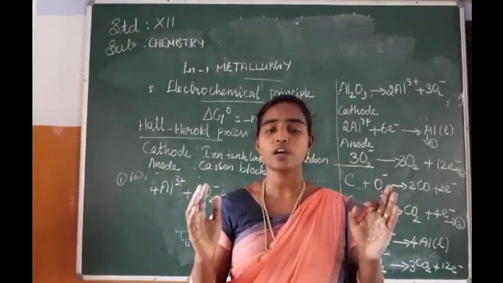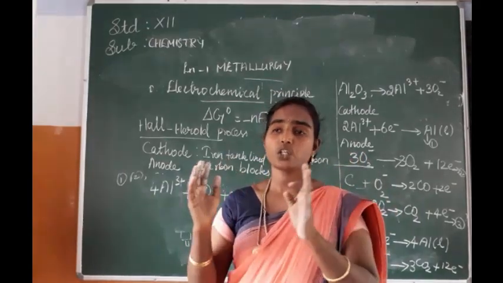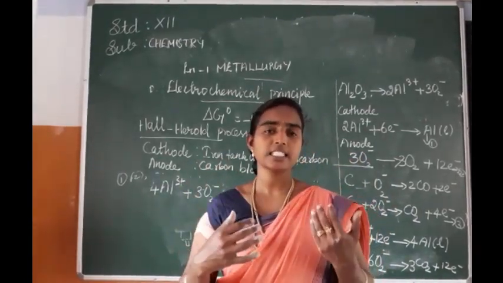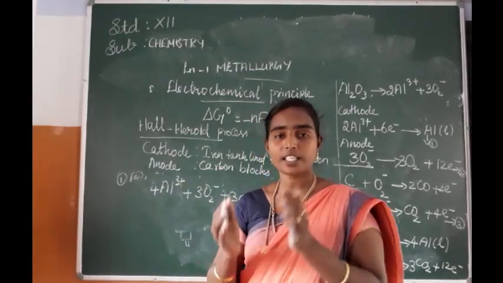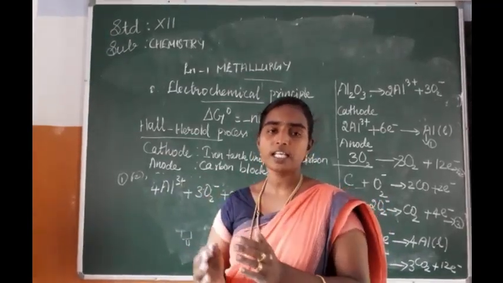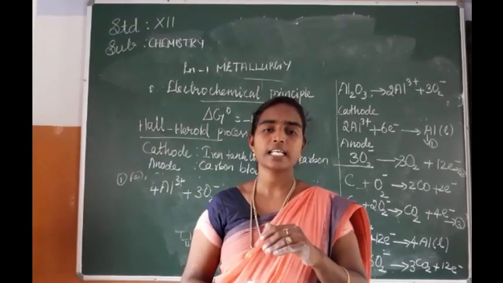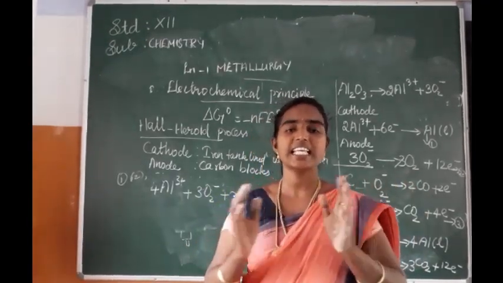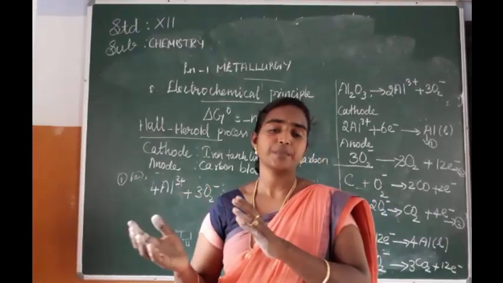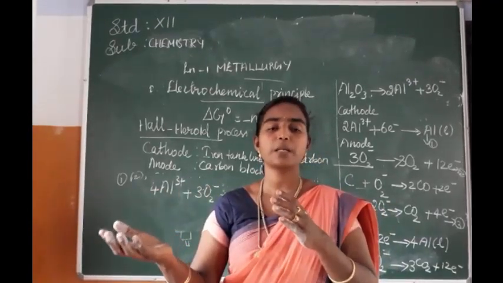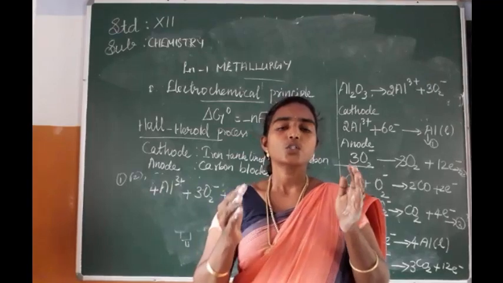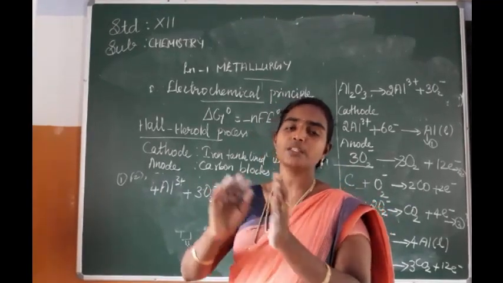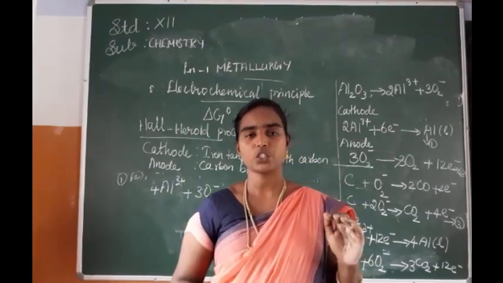Usually when the ore is taken from the earth's crust, it has rocky impurities, dust particles, siliceous matter. These are collectively known as gangue, G-A-N-G-U-E. Book back definition: what is meant by gangue? The removal of this gangue from the ore is called concentration of ore.